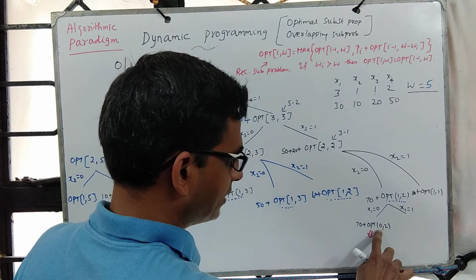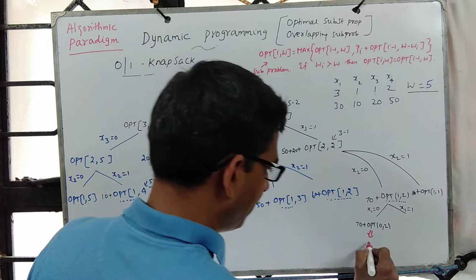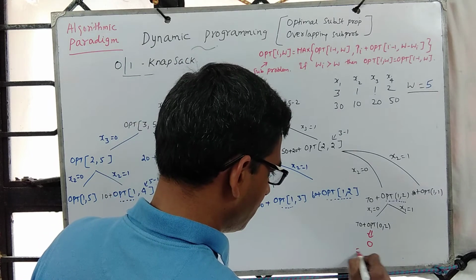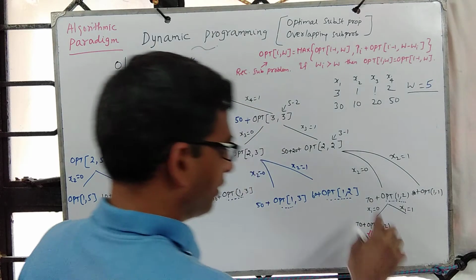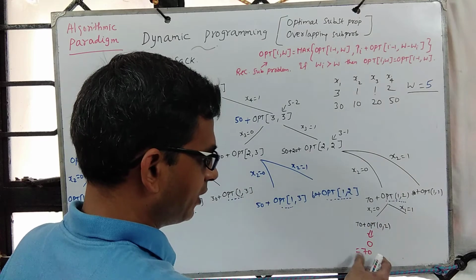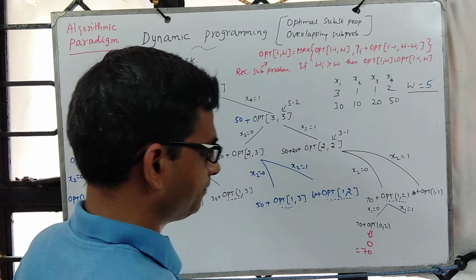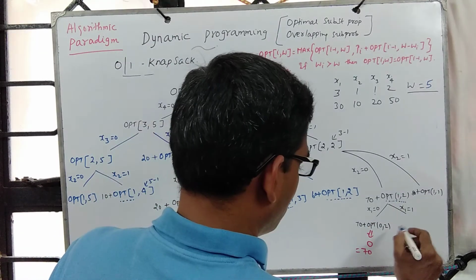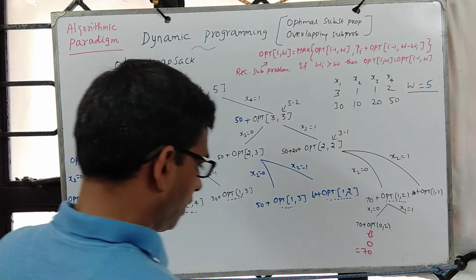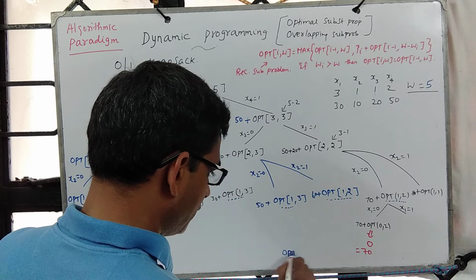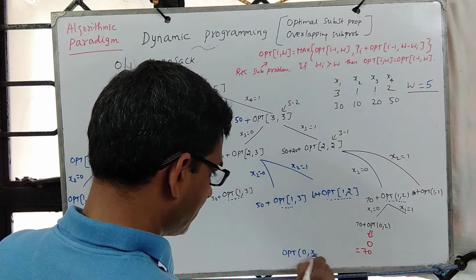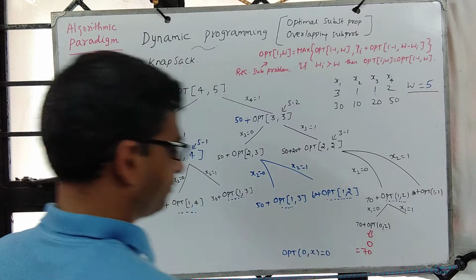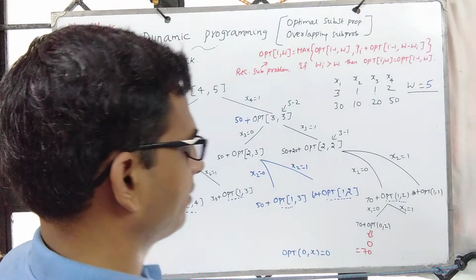It says do not consider any objects, so the value of this one is 0. So for this one, return value will be 70, and for that matter opt of 0 comma x will be 0, and x could be anything.